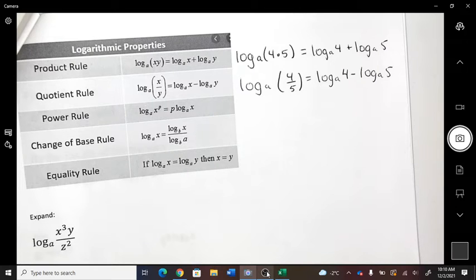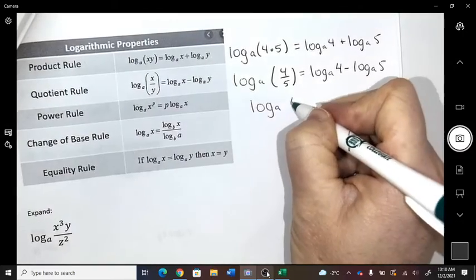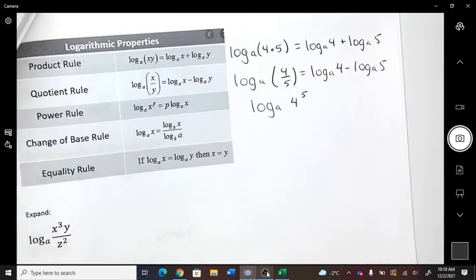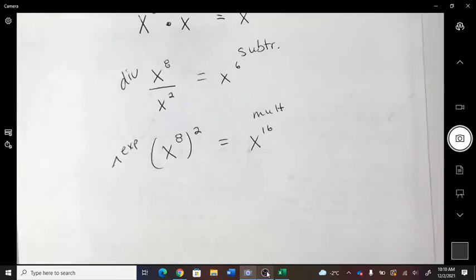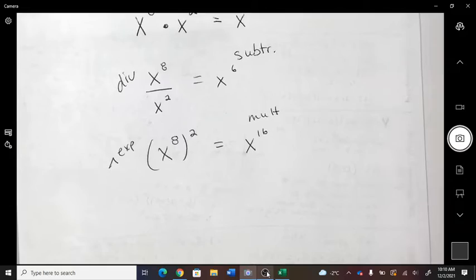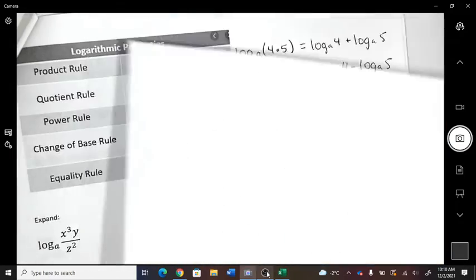Okay, and then the power rule, so an exponent, so log A 4 to the 5th. Remember our grade 9 rule? If we had an exponent, then we decided to multiply. Exponents, we multiply.